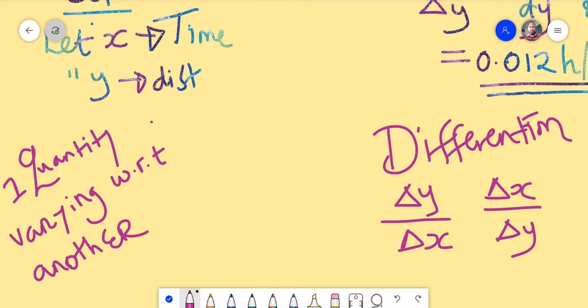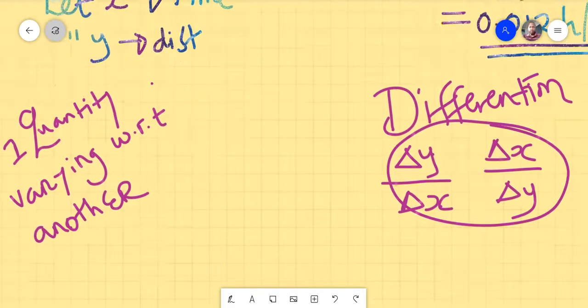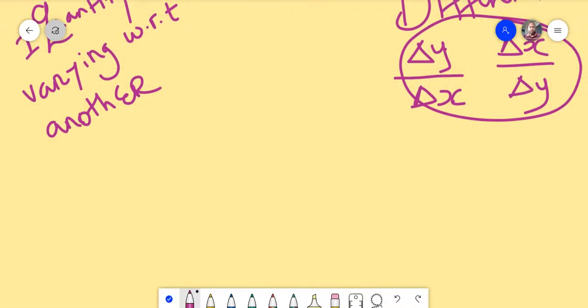This is basic calculus, calculus 1, where one quantity varies in that way. In higher calculus, we can look at several quantities varying with respect to one quantity, or with respect to another quantity.